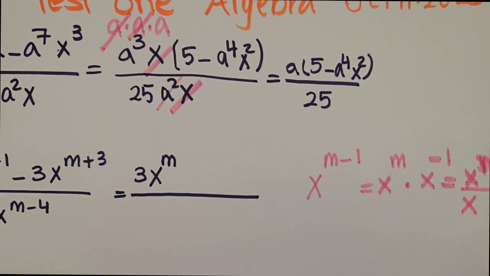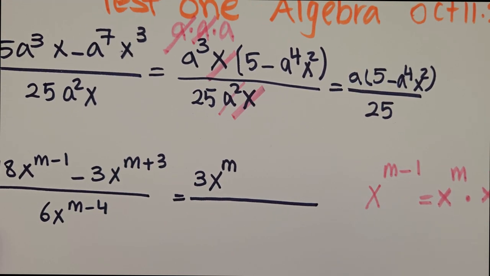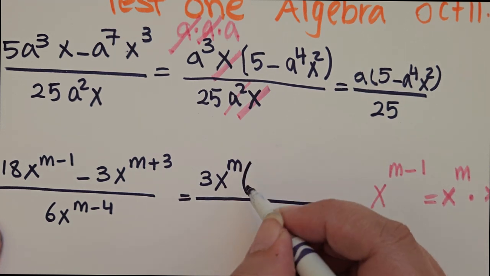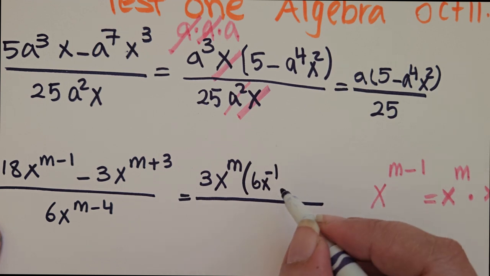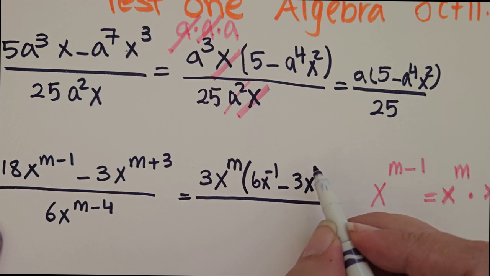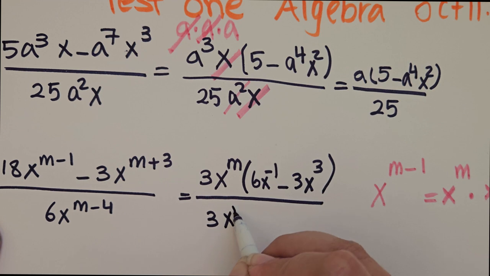So here, if I factorize 3 to the power 3 and x to the power m, what is left from the first term, we would have 6x to the power negative 1. From the second term, I would have negative 3x to the power 3. And the bottom one would be 3x to the power m.